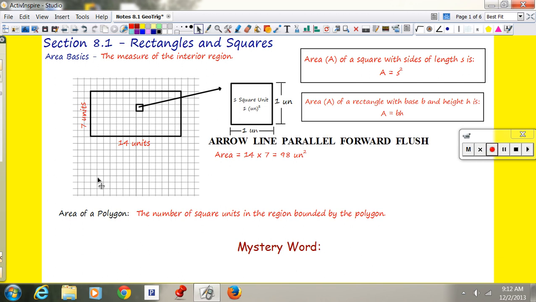Arrow, line, parallel, forward, flush. What mystery word would be on the top of the card if those were the 5 words that you couldn't say? Maybe. Maybe. Gotta have your hand up.